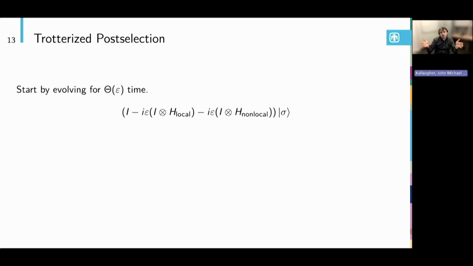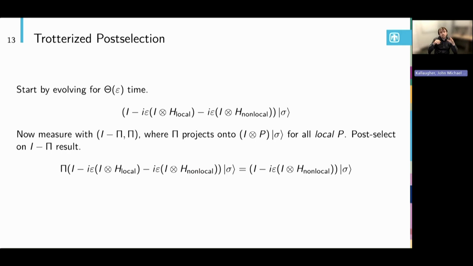So you end up with an epsilon h local part and epsilon h non-local part applied to sigma. But then you measure with this projector pi, where pi projects onto I tensor P times sigma for every local Hamiltonian term P, and then we post-select on not getting the pi result.